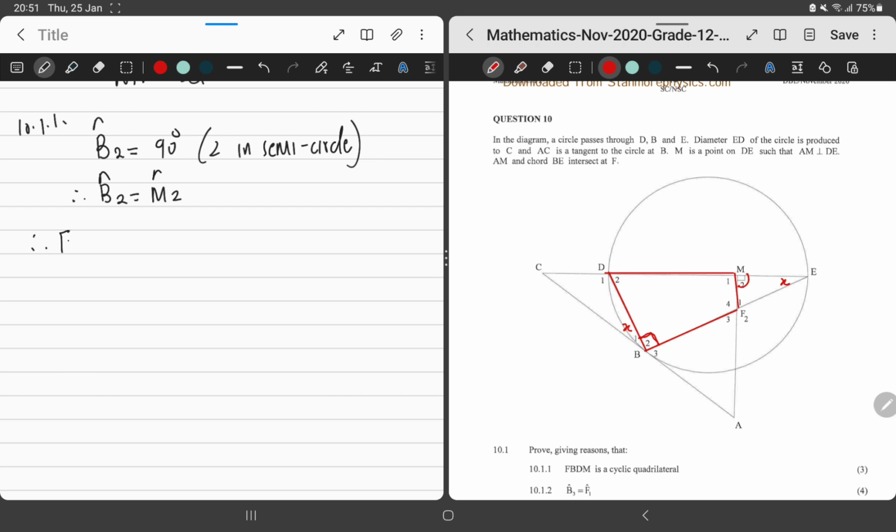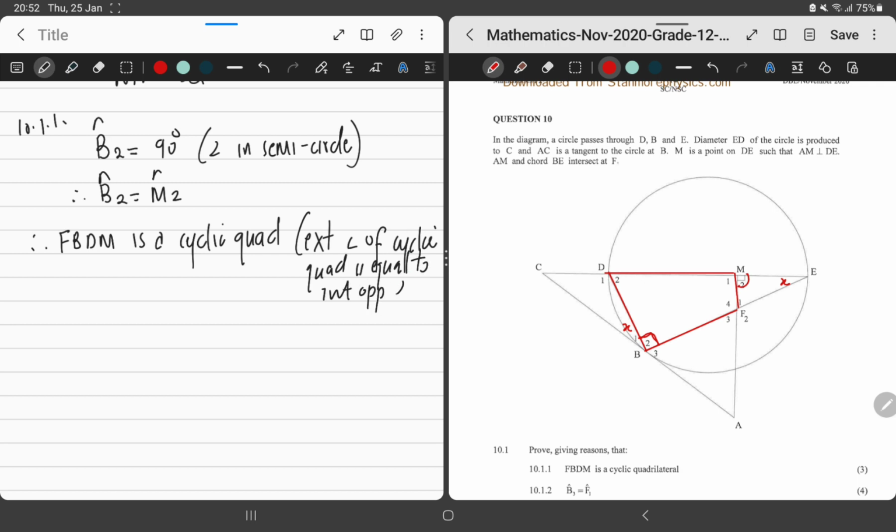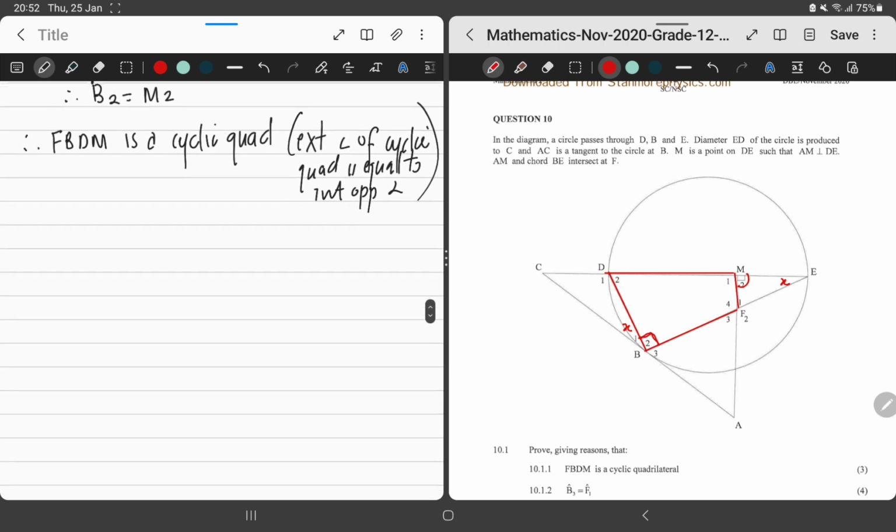Therefore, FBDM is a cyclic quad. Exterior angle of cyclic quad is equal to the interior opposite angle.